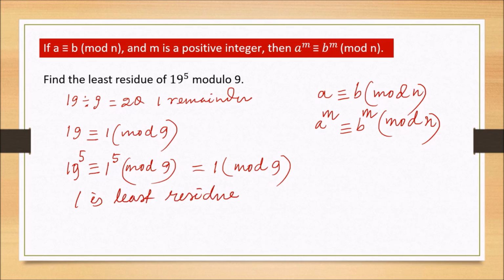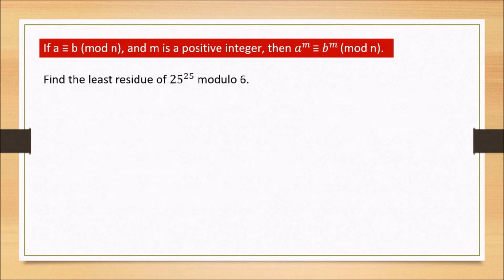So you must be excited to solve more problems. 25 raised to the 25 modulo 6. So let us go for 25. 25 divided by 6, again 4 is the quotient and 1 is the remainder.